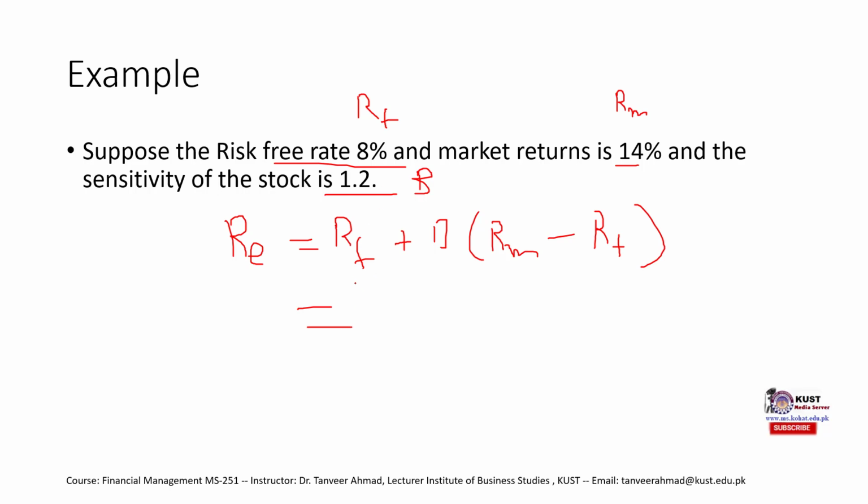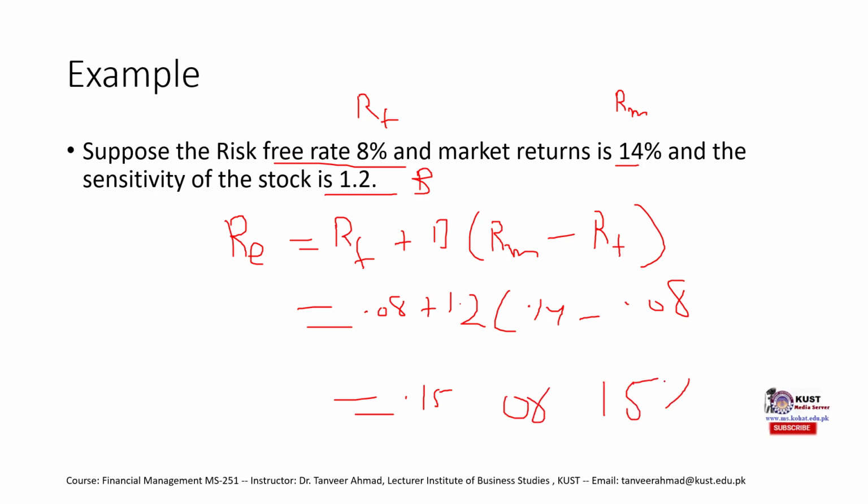If we input the values, RF is 0.08 plus beta is 1.2 into RM is 14% minus again the RF is 0.08, and this would give us the value of 0.15, or 15%. So according to CAPM, our cost of equity, the cost of getting finances by issuing common shares, is 15%.